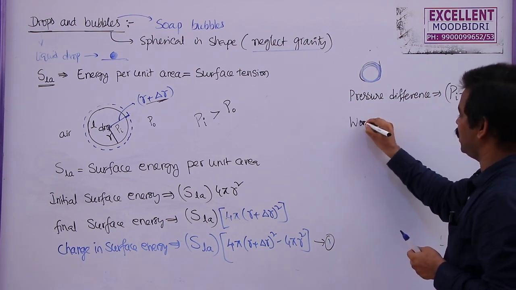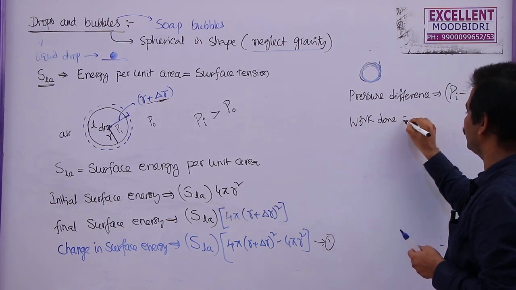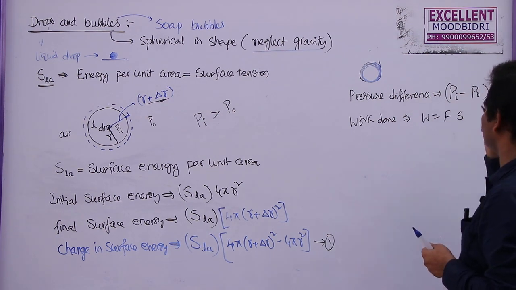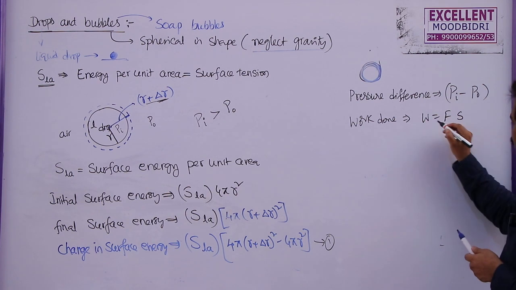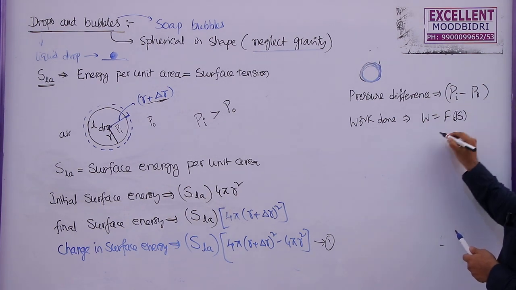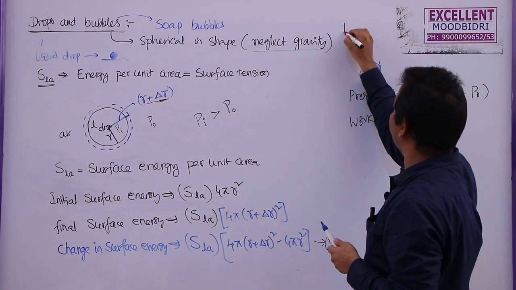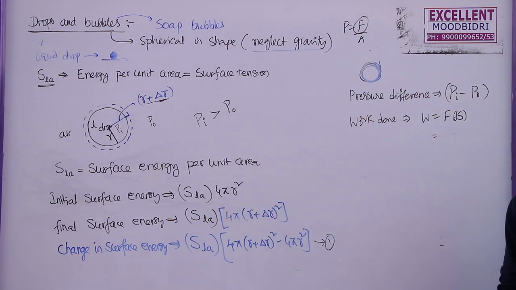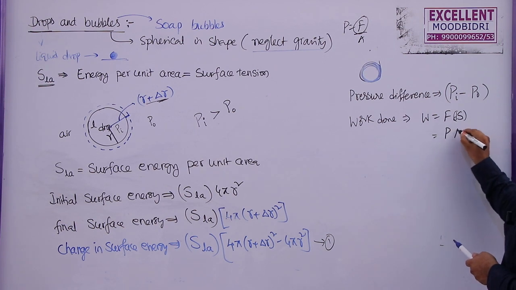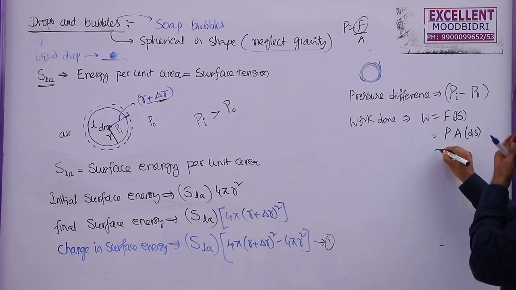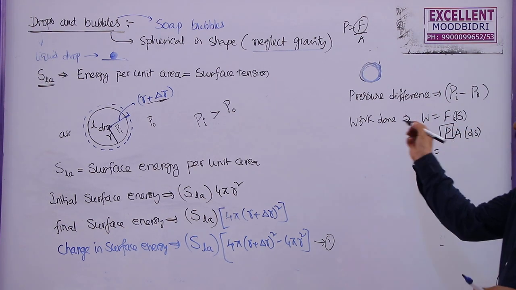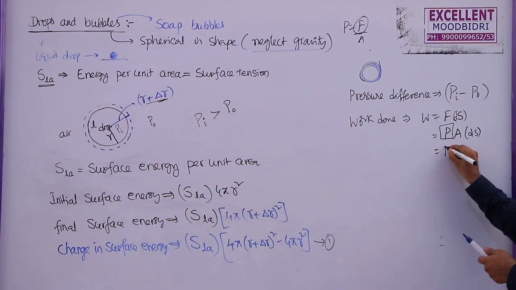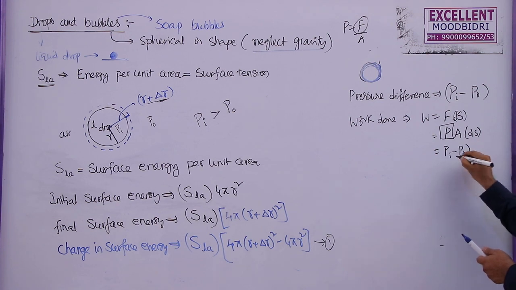So work done is given by, we know that work done W is equal to force into displacement. If it is a small work done, force into a small displacement. But we know that pressure is equal to force by area, so force can be written as pressure into area. So this can be written as pressure into area into ds. Here the pressure is the pressure difference against which we are doing work, so I am writing P_I minus P_O.